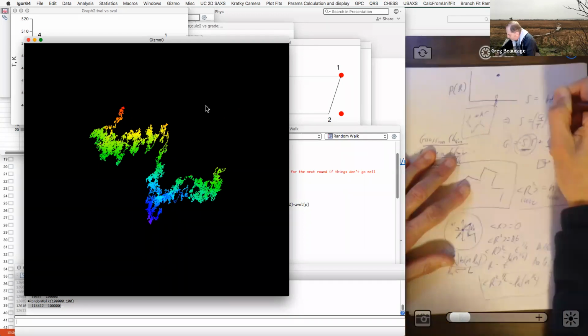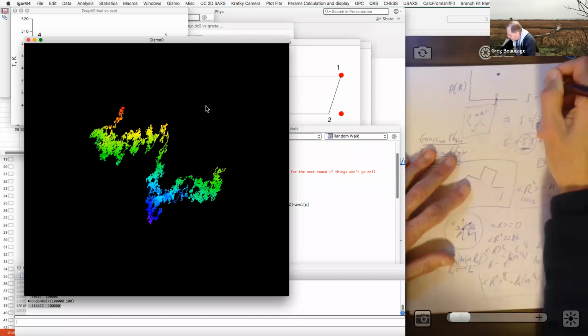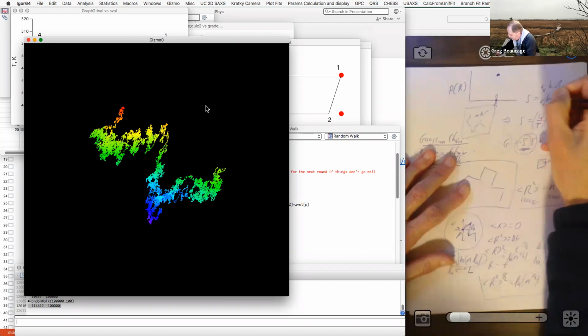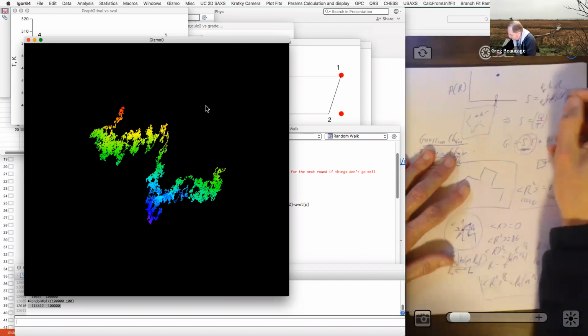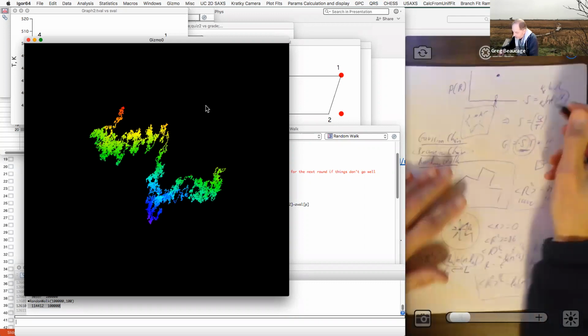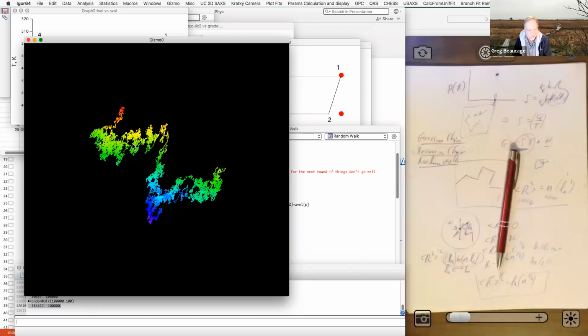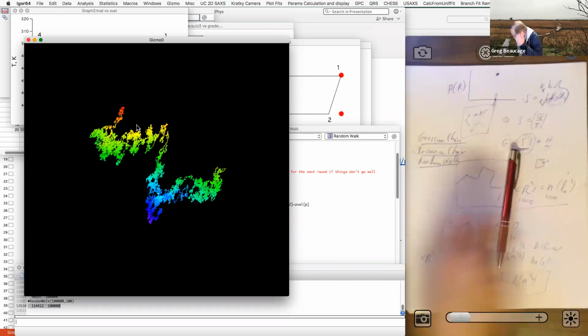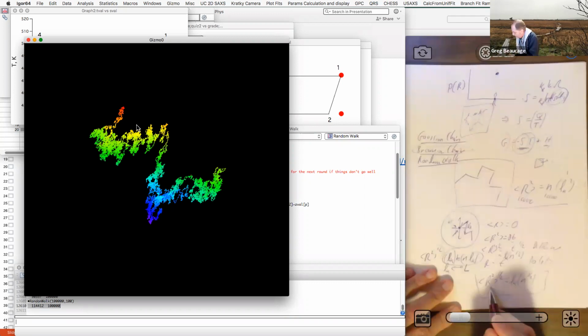So if you have one state, there's no entropy. ln of 1 is 0. So the position that has the maximum number of states is going to be this mean square number.